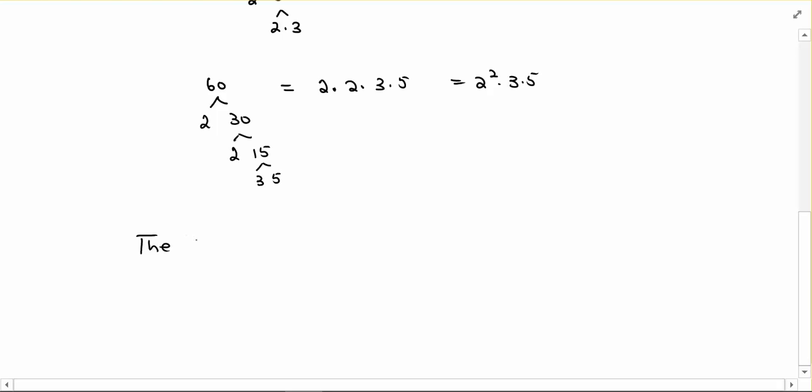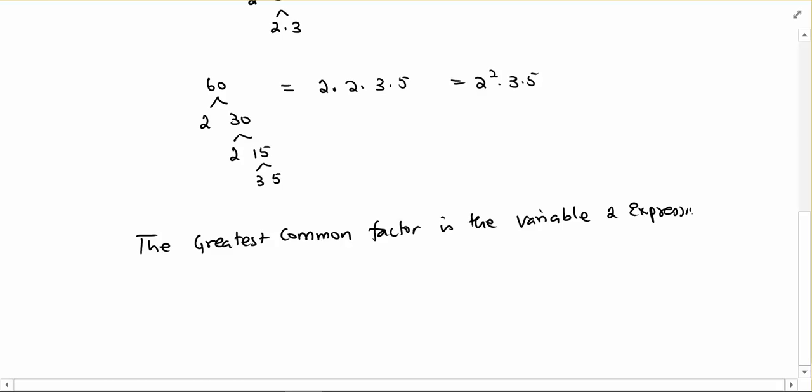The greatest common factor is the least power of a variable two expressions have in common.